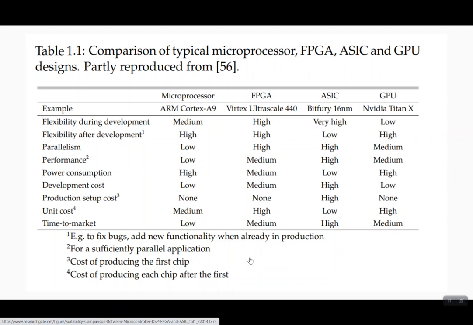This particular table shows the comparison of typical microprocessors, FPGAs, and ASICs. ASICs are integrated circuits which are application specific, as in application specific integrated circuits.